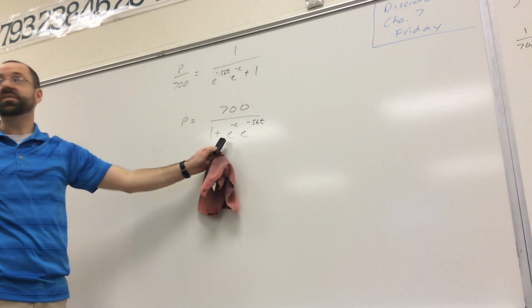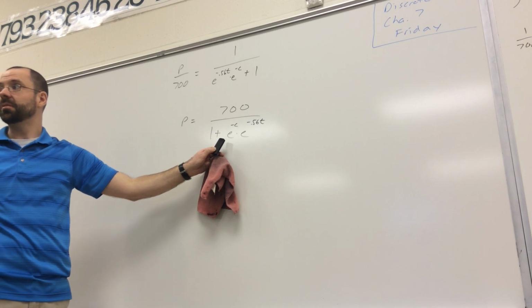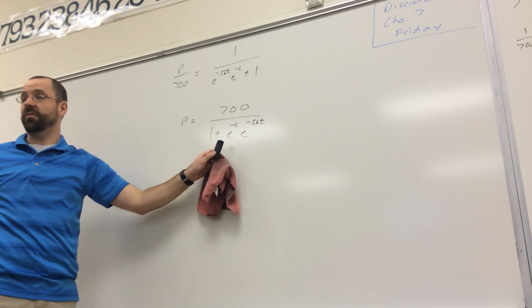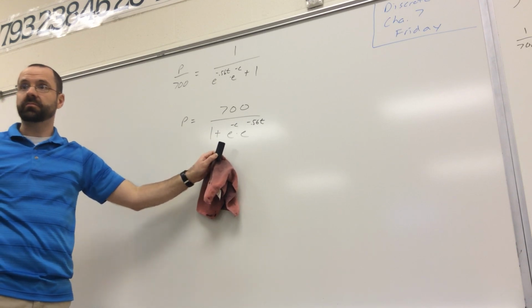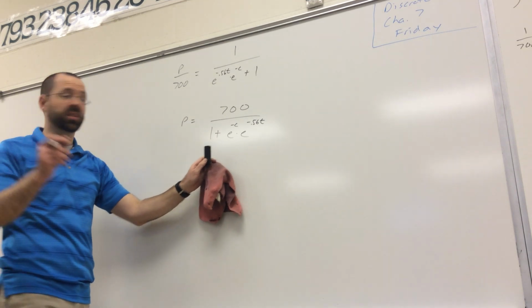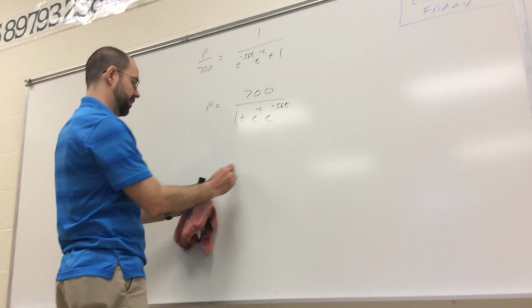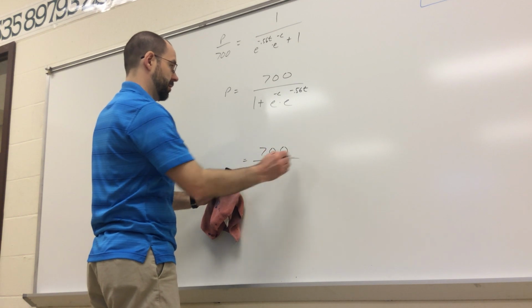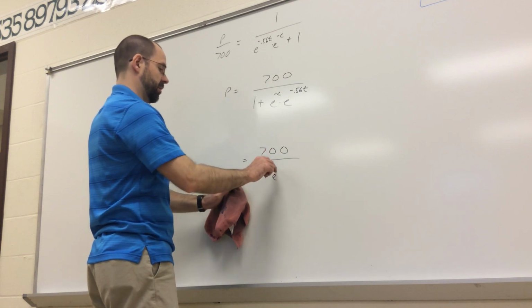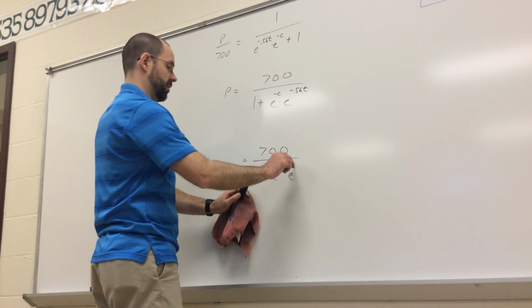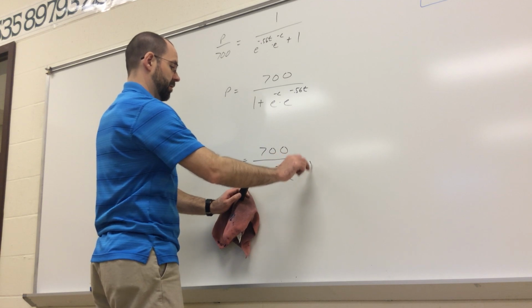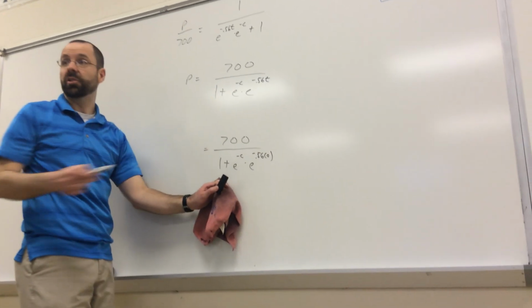So now I have to get rid of c. How do I get rid of c? I have the point (0, 10), right? That was given in the original problem. So if I plug a 0 in for t, so I'm just taking this, plugging a 0 in for t.